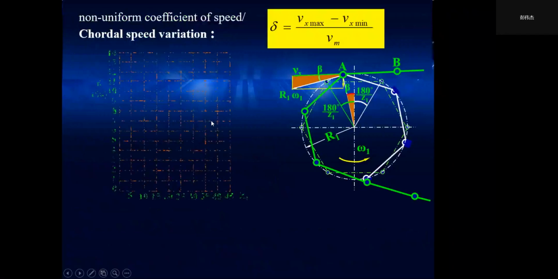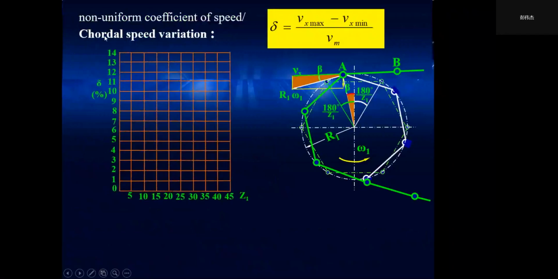And we can calculate the non-uniform coefficient of speed, or the chordal speed variation delta. It's the maximum Vx minus minimum Vx, divided by Vm, where Vm is the mean velocity or average velocity.